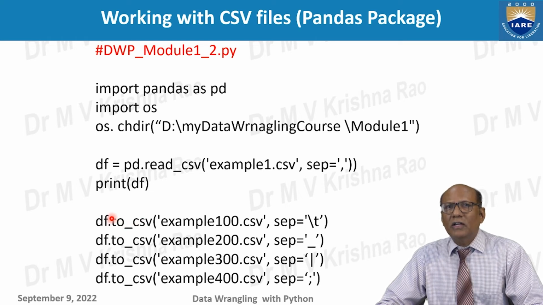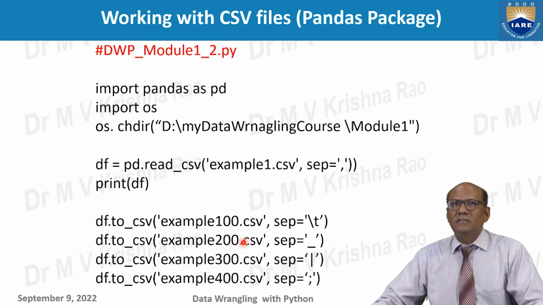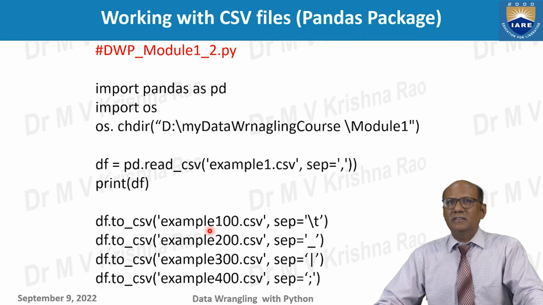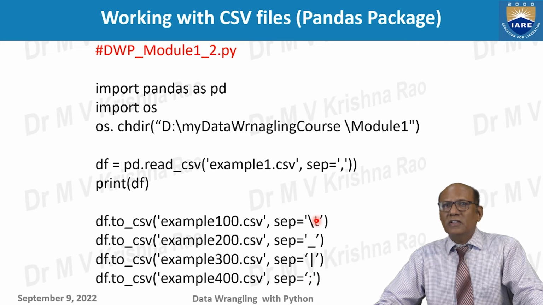Whatever data is available in this object, the same data I am storing in 4 different files: example 100, 200, and so on, new files, but the separators are different. In the first case, I am storing this with a tab separator. One is tab, another is underscore, another is vertical bar, and another is semicolon.